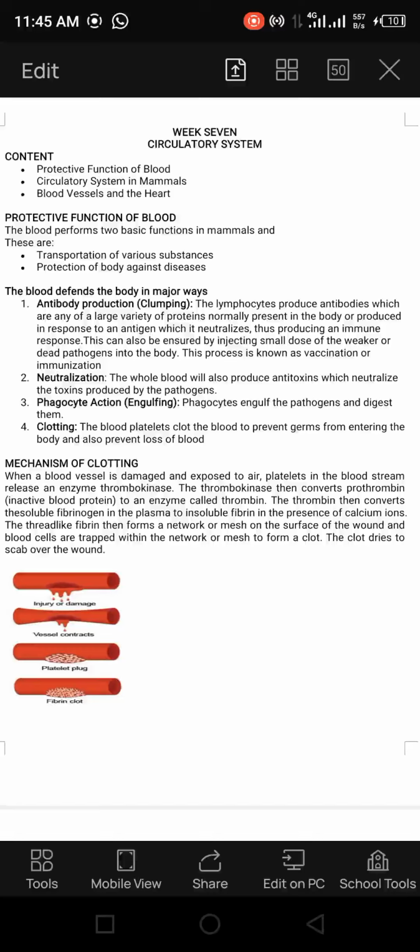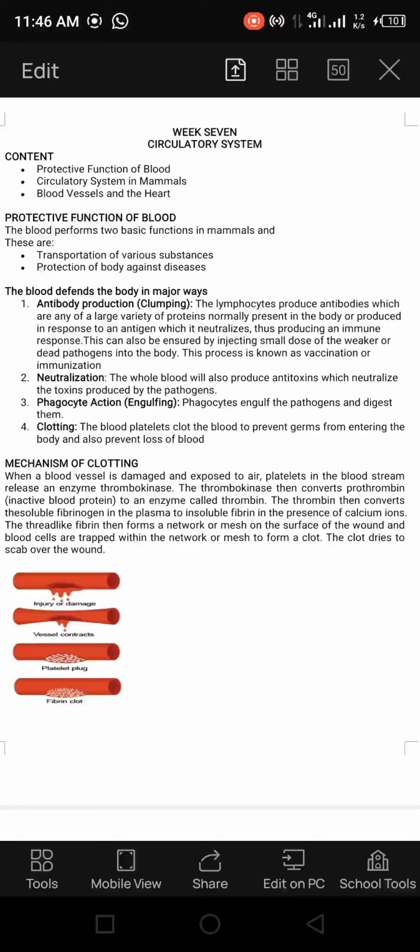These particles could be bacteria, dead cells, or debris, any form of unwanted particle. They do this to protect our body and maintain homeostasis.